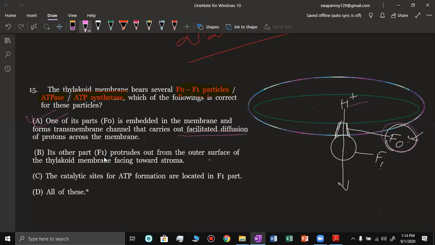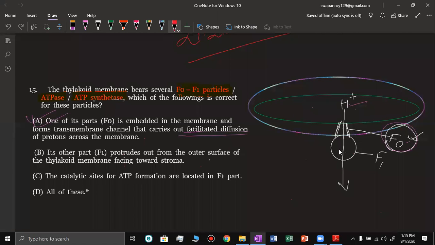Its other part, the F1 particle, protrudes out from the outer surface of the thylakoid membrane facing towards the stroma. Yes, this one is the exposed portion, not embedded in the membrane.